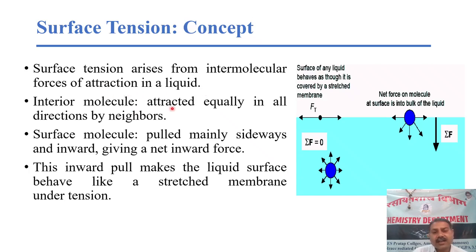An interior molecule is attracted equally in all directions by its neighbors. If it is attracted by surrounding molecules from the upper side, it is attracted equally and oppositely from the downward side, so the resultant force of attraction on this molecule will be nil or zero.